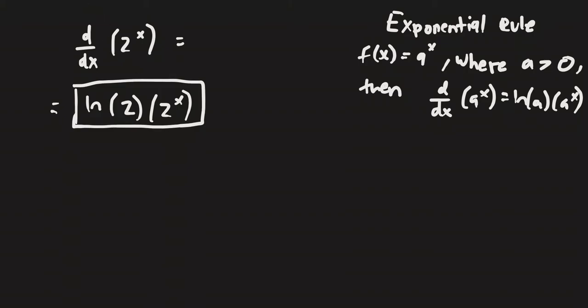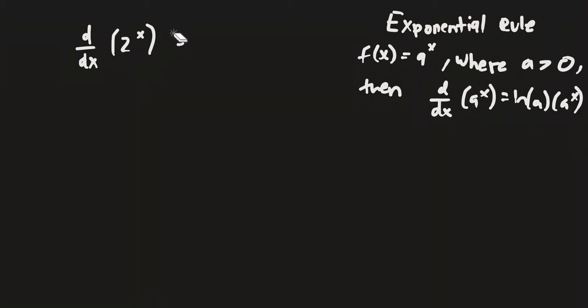Let's do one more example. So let's say I had d by dx of 3 times 5 to the power of x. How would I solve this? Well, first I would use the constant multiple rule to take out this 3 and do this.